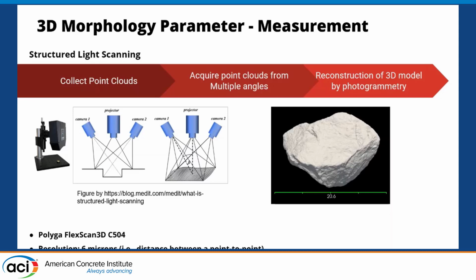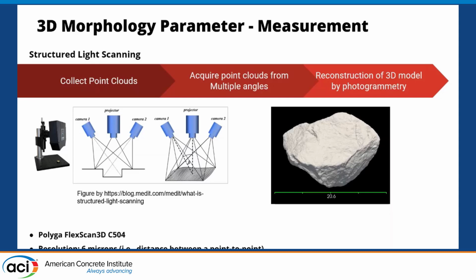So we found one method, which is the structured light scanning method, that emits structured light onto the surface, and a camera detects the distorted pattern of that structured light. From there, you should be able to get the point cloud of the surface. After that, by using photogrammetry, the software should be able to combine and build a 3D model out of it.